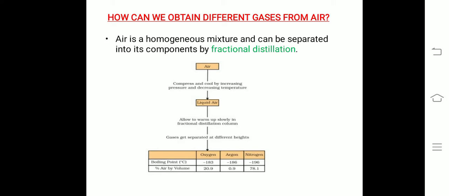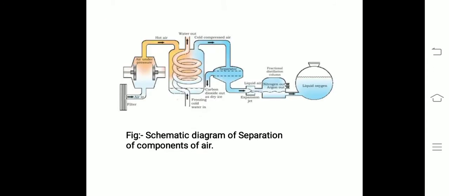This air gets converted into liquid air. Now we will warm up the air slowly in fractionating distillation column, and thus gases get separated at different heights depending upon their boiling points. Now, this is the schematic diagram of separation of components of air.